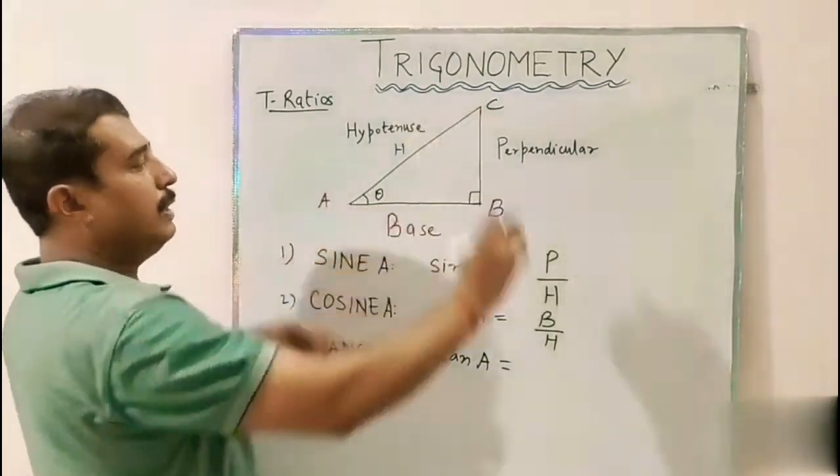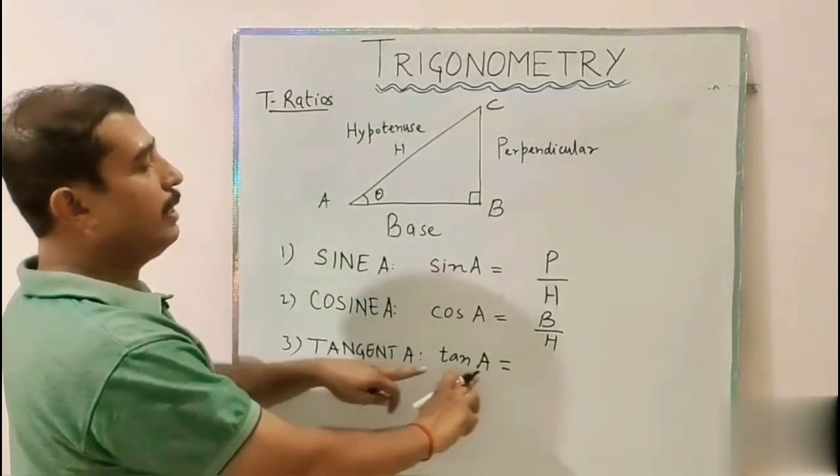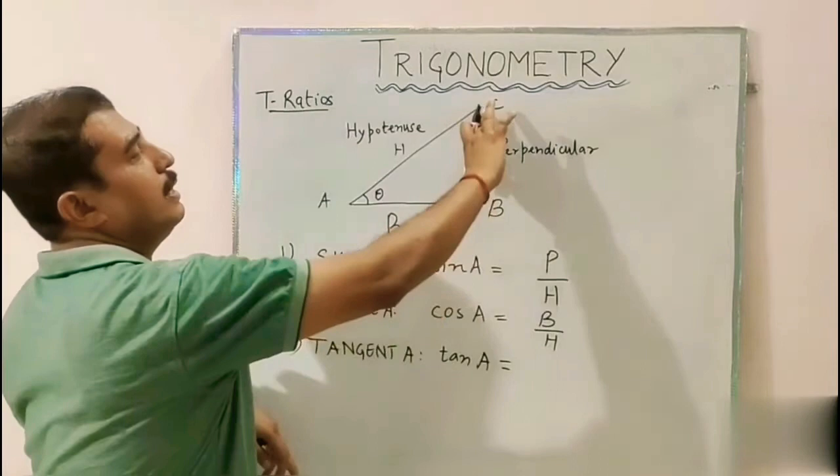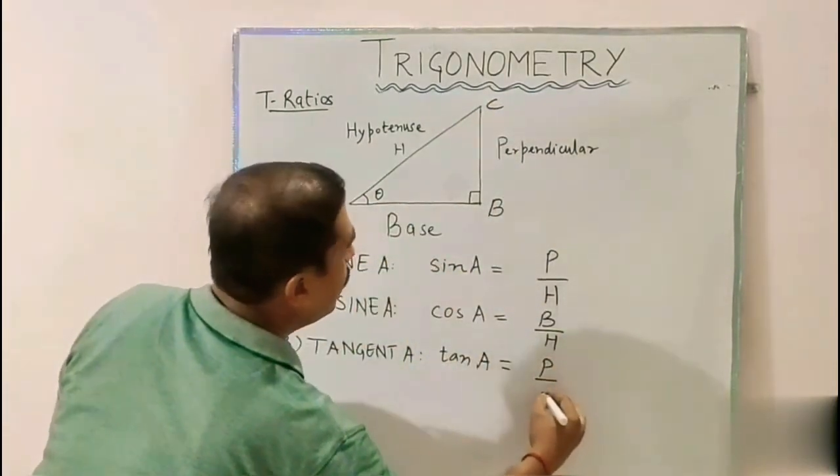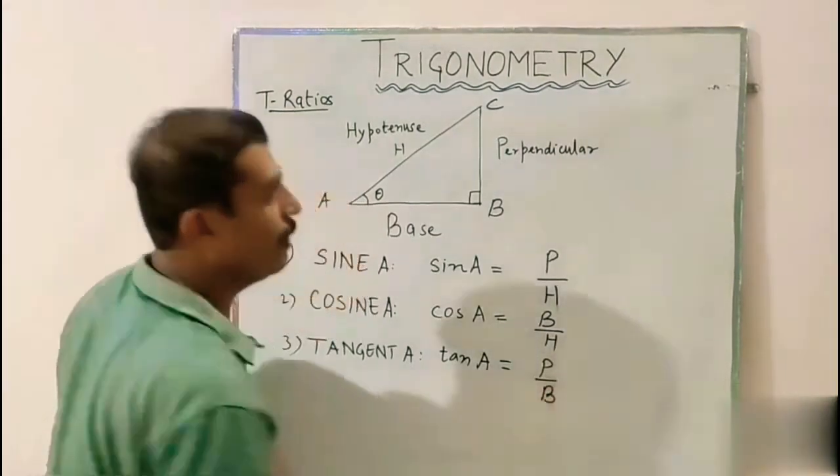Tan A is the ratio between perpendicular and base, so I may write it as P upon B.